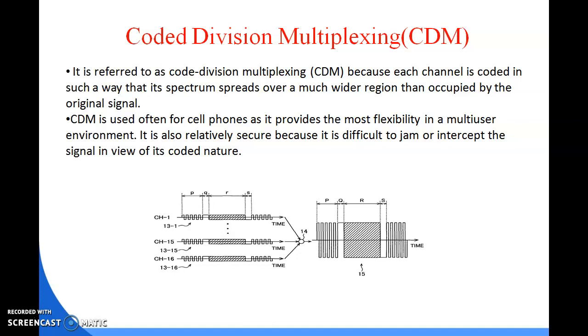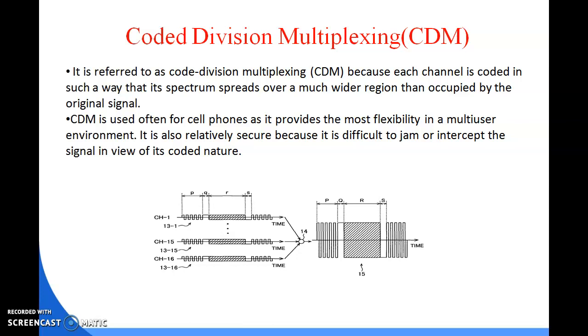This allows several users to share a band of frequencies, or bandwidth, and to permit this without undue interference between the users. Clear now? So that is known as the benefit of code division multiplexing.